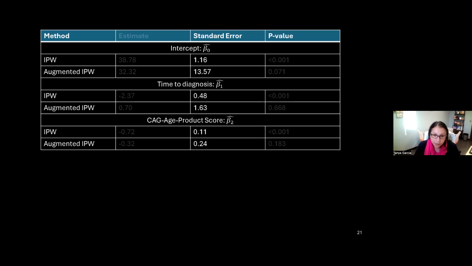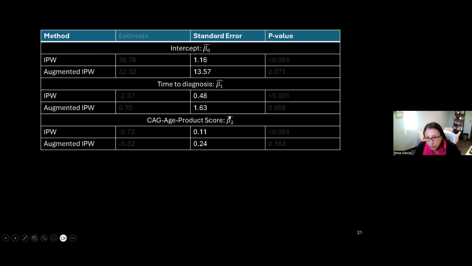So we applied these 5 different methods, and I'll walk you through the results. Two of those methods are something called inverse probability weighting and an augmented version of that. By design, the augmented version is supposed to have higher efficiency, meaning lower variability. In other words, we're supposed to have smaller standard errors here compared to these numbers. But if you look at the results, the augmented numbers are higher than the regular numbers.